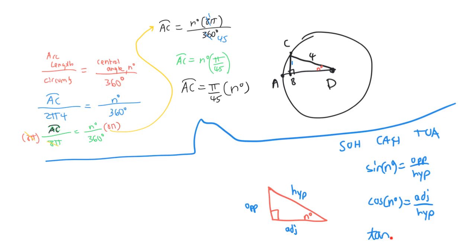I'm writing tan here because that's the next one. The TOA means that the tan of an angle n is equal to the opposite side over the adjacent. That's where you get the O and the A from.